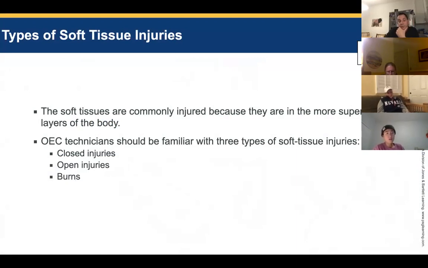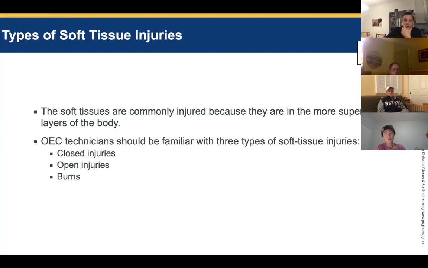Closed injury usually happens from what? Blunt trauma, where the skin doesn't break, falls, hitting fixed objects, things like that. Open injuries, and they hit those fixed objects with a greater rate of speed and break something open.